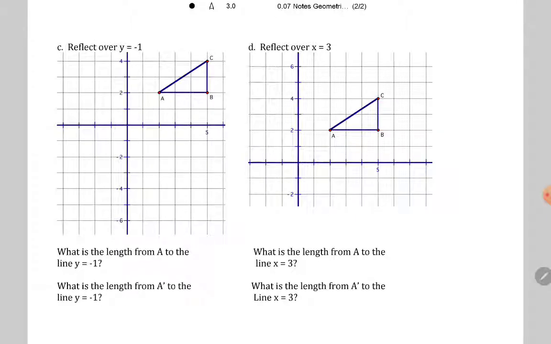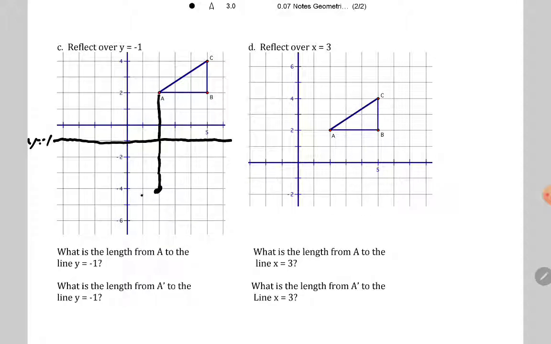All right, here we go. Reflect over the line y equals -1. So we go to y equals -1, draw our line. Remember, y equals -1 is a horizontal line at -1. Okay. So we're going to measure our distance here. 1, 2, 3. 1, 2, 3.